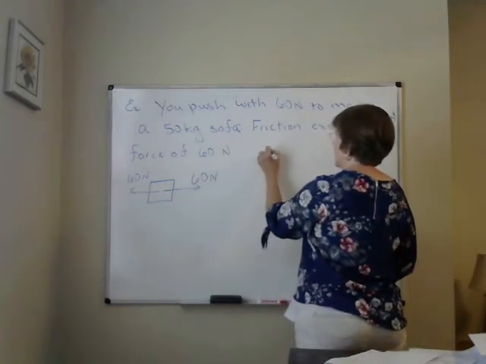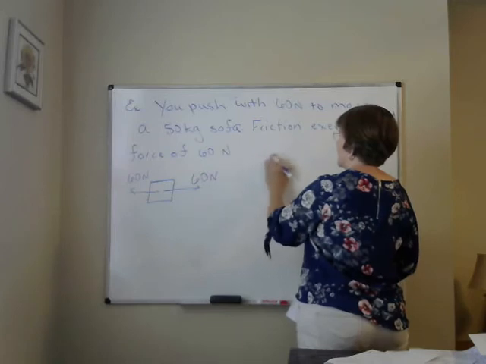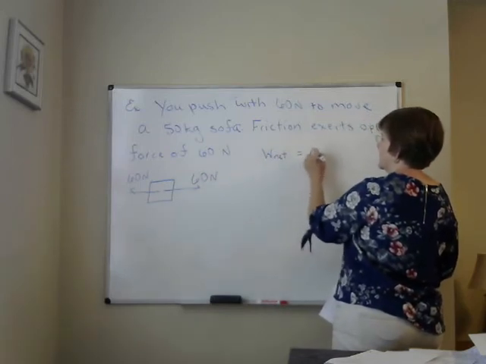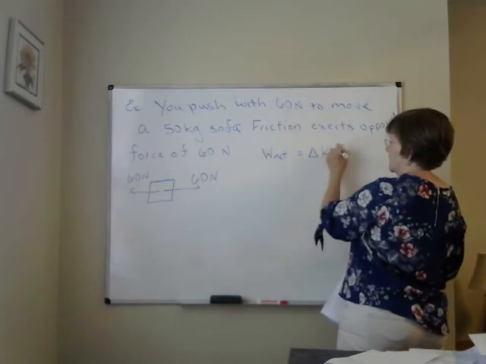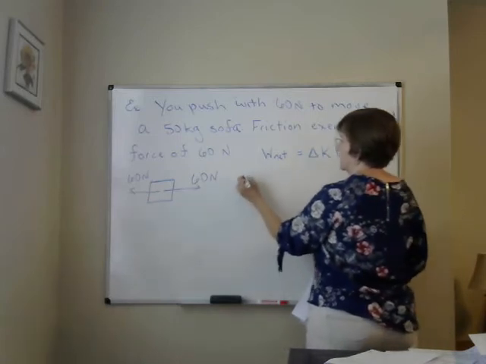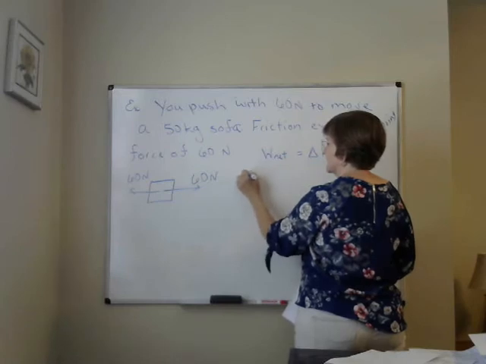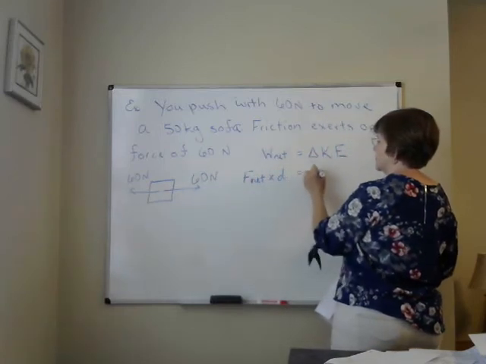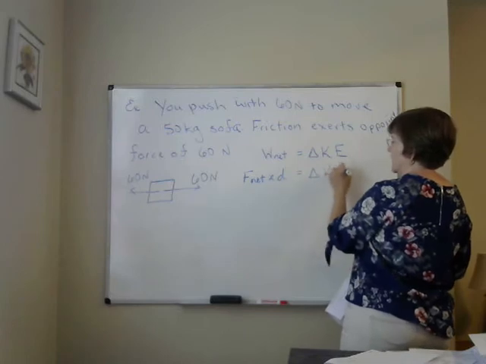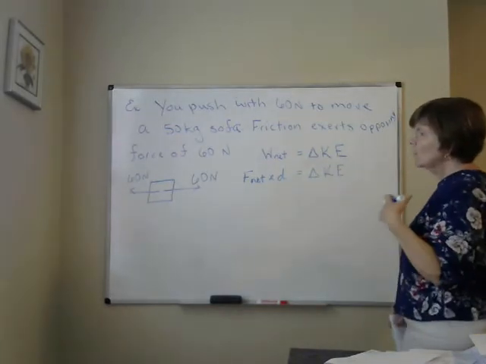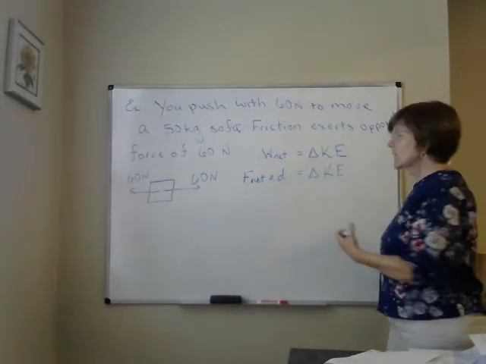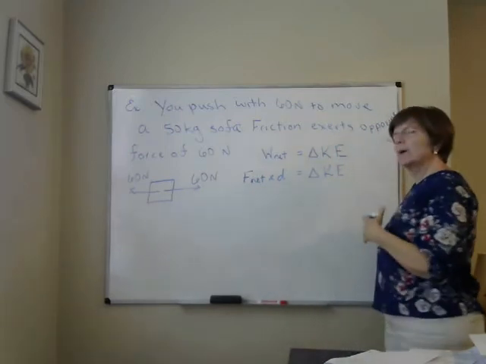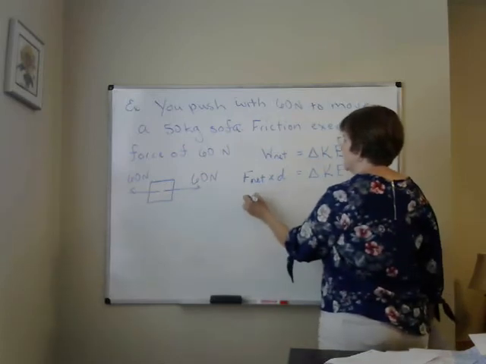Well, we know that the net work equals the change in kinetic energy. Net work, that's the net force times the distance, has to give us that change. In this case, what's the net force? Well, if you're pushing with 60 and friction opposes with 60, the net force is 0.